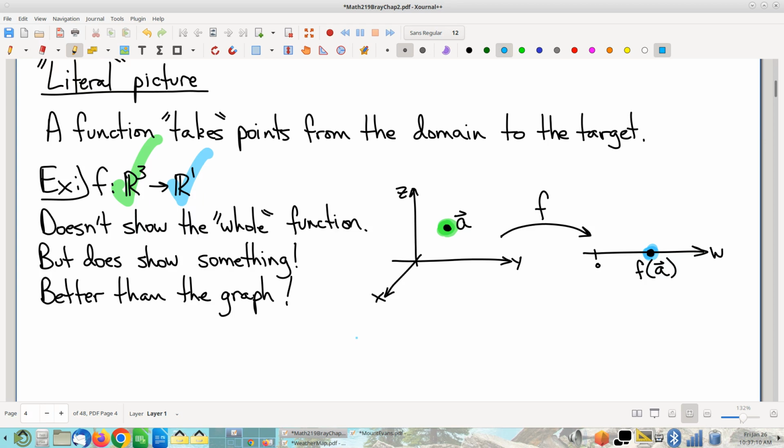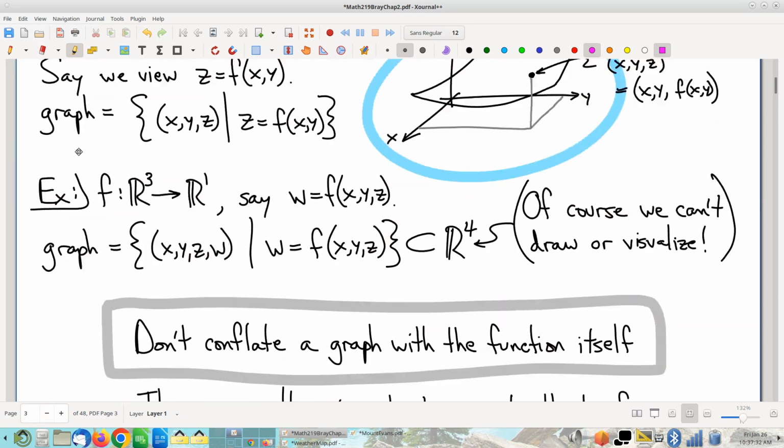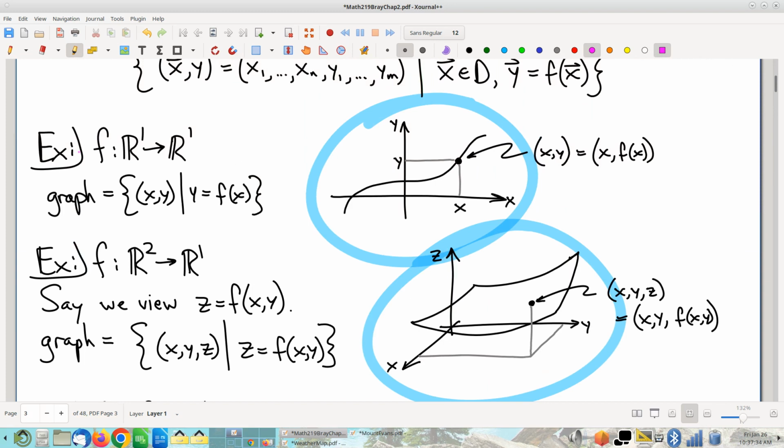Here's the "yeah, but." The yeah, but is, look at the function that I've drawn this picture of. 3 in, 1 out. This is the category of function where I've already observed you can't even draw anything for a graph. So apples and apples, this is not a fair fight as drawn. This is a much harder function to represent geometrically, and I was comparing that against much easier functions to represent geometrically.